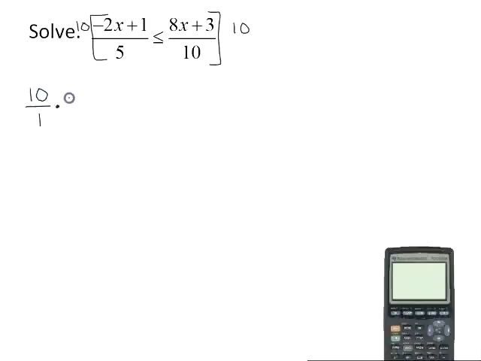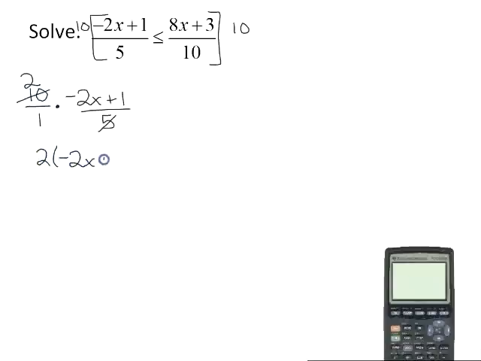So that's going to give me 10 over 1 times negative 2x plus 1 over 5 on the first side of the equation. The reason I choose 10 is I want to make the denominators cancel away. So the 5 and the 10 would reduce, giving me a 2 in the numerator.